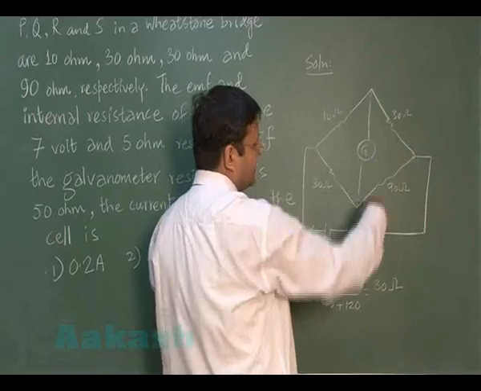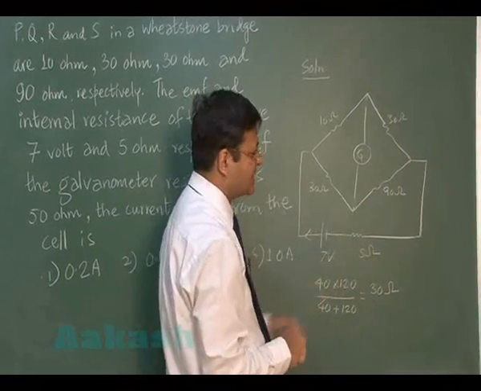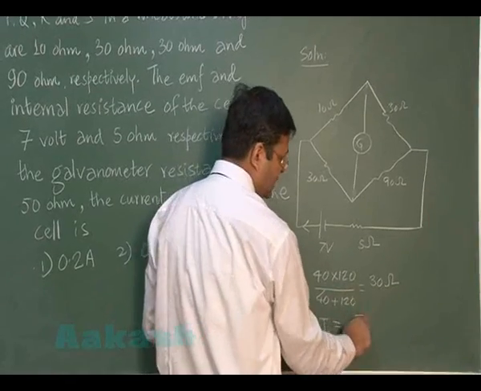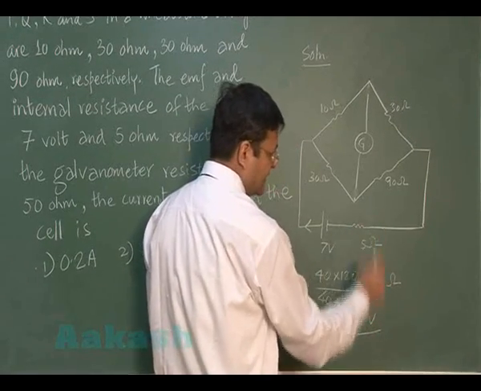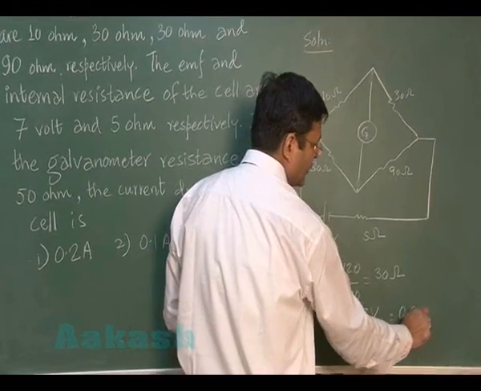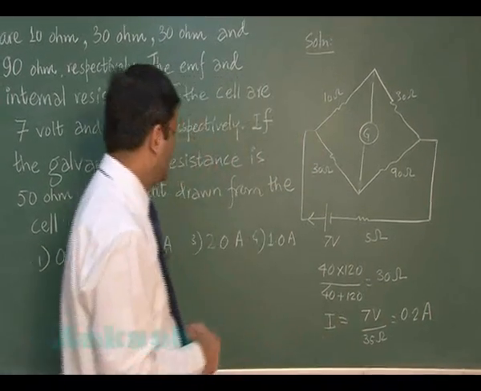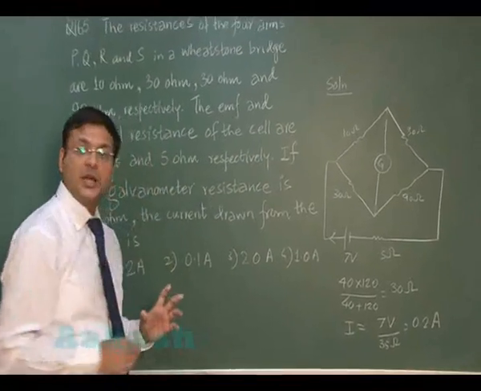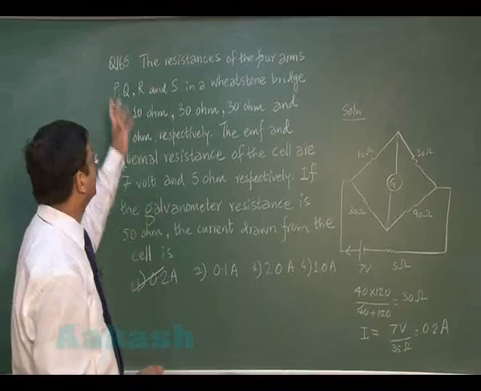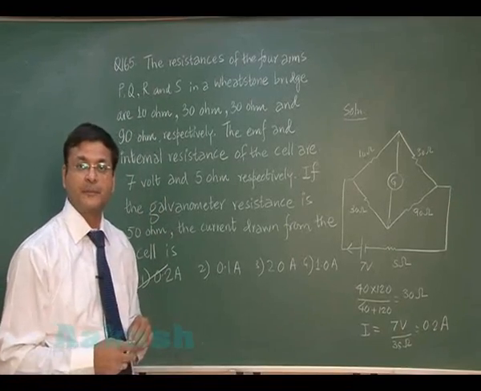And this 30 ohm will be in series with this 5 ohm, so the total makes it 35. And if you are trying to find the current, this will be 7 volt divided by 30 plus 5, that is 35 ohm, and that will make it 0.2 ampere current flowing in the circuit. So the most appropriate option is 0.2 ampere, which is the first option for this particular question 165.